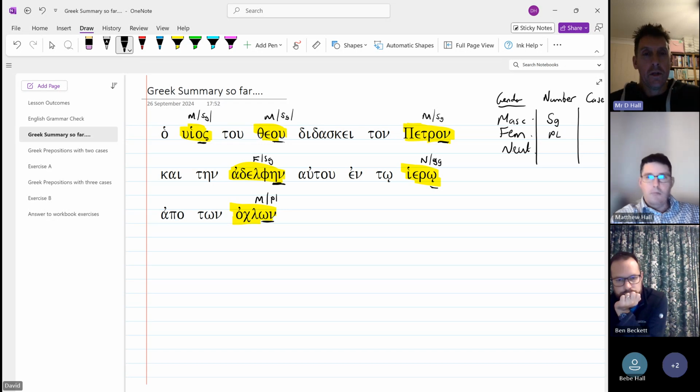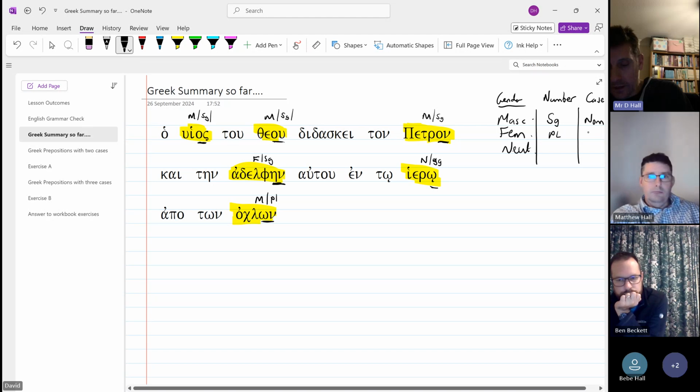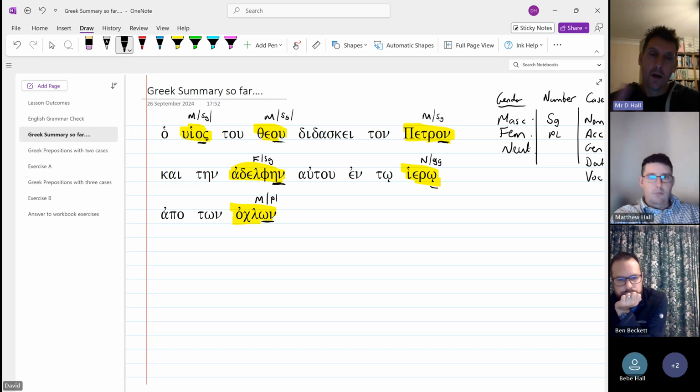Then we started to look at prepositions, and we noticed that certain prepositions, those little words, have a case that follows them. So there are a different number of cases: the nominative case, the accusative case, the genitive case, the dative case, and then one which is quite rare, the vocative case. So every noun has a different kind of ending.